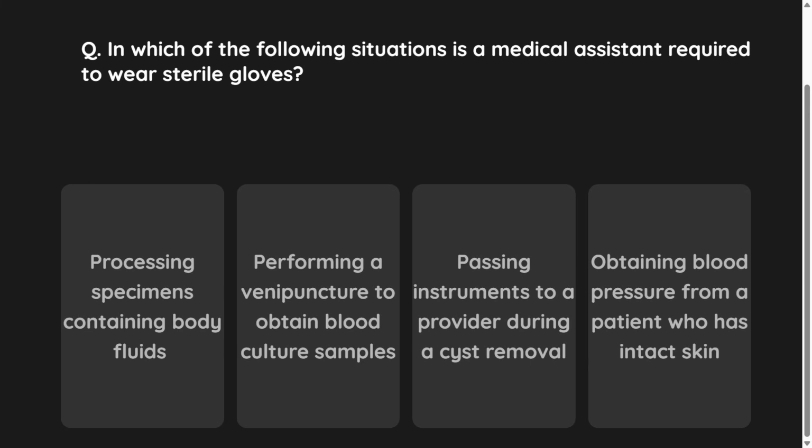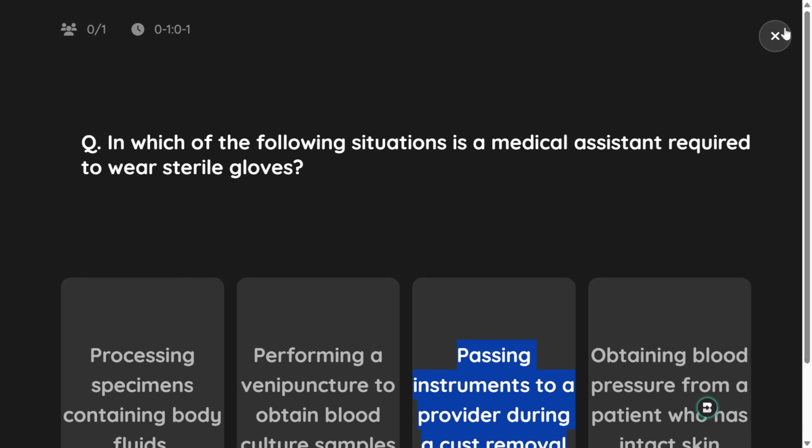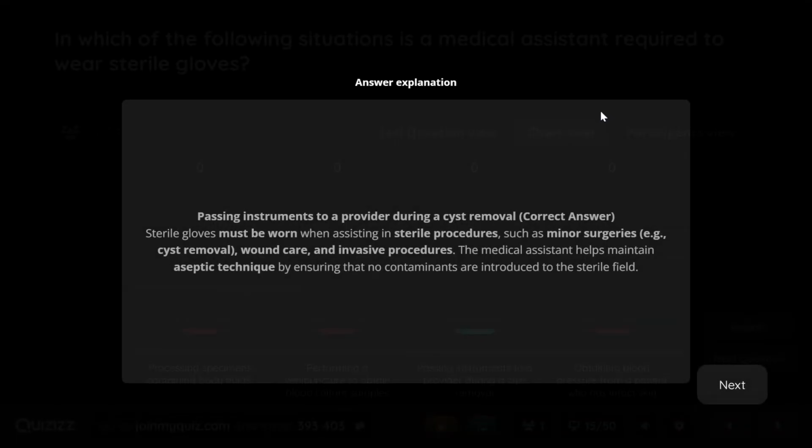Again, our key word here is going to be sterile gloves. Oop, highlighted the whole thing, sterile gloves, okay? It's not saying clean gloves, it's specifically saying sterile. And in this situation, you want to make sure that you're using sterile gloves when you're passing instruments to a provider during a cyst removal. This is a small outpatient procedure, and we have to use sterile gloves during this type of procedure because it's considered to be minor surgery.